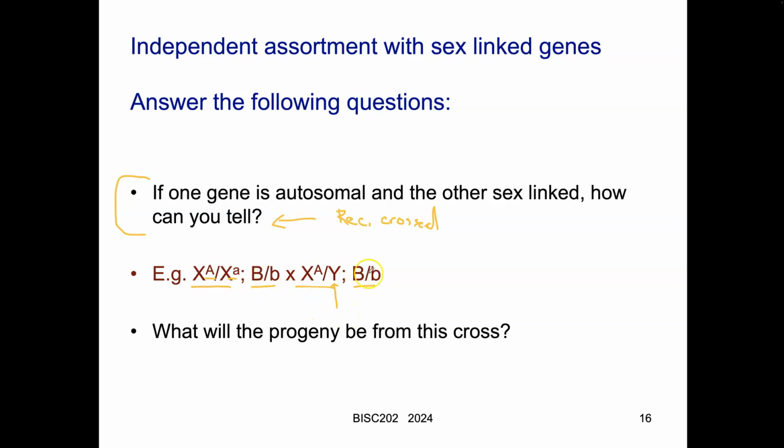But the autosomal one is going to be 3/4 dominant and 1/4 recessive. This is supposed to be a line with a slash. And so you might want to just take a quick minute and figure out what the progeny will be from this cross.